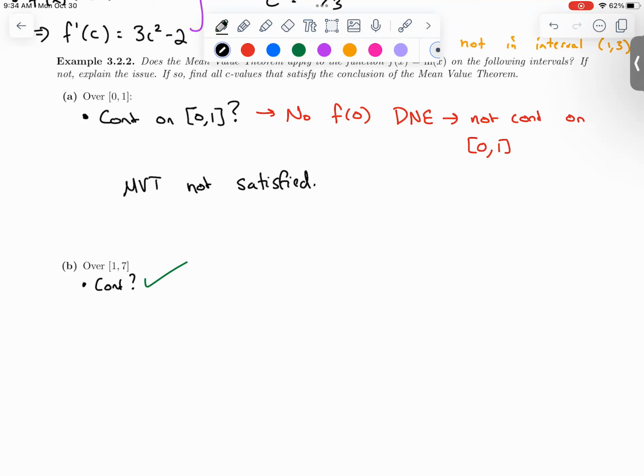And is it differentiable? Yes, it is as well, because f prime of x is 1 over x, and that function is continuous because it exists for all those values between 1 and 7. You can plug in 1, 2, 3, 4, 5, 6, 7, 1.5, pi. You can plug in any of those values and the derivative exists.